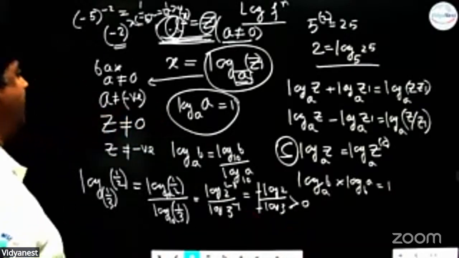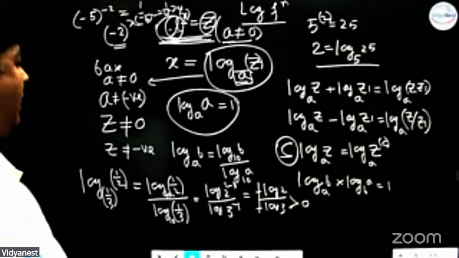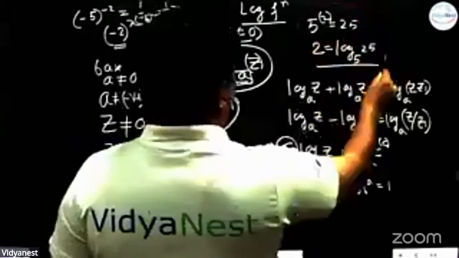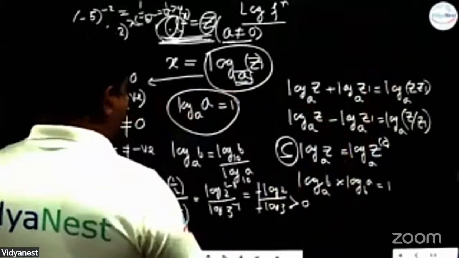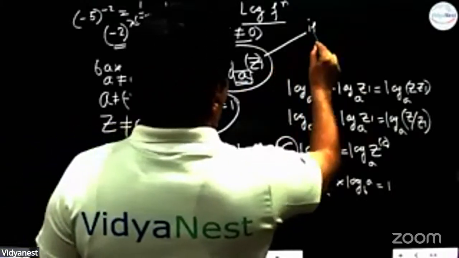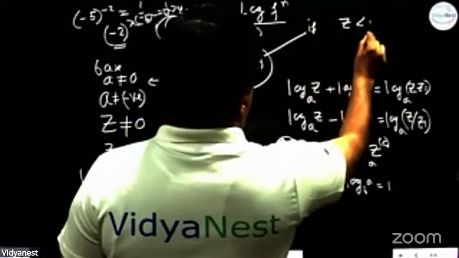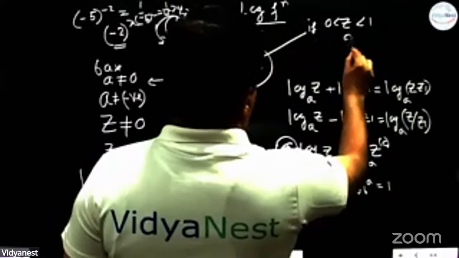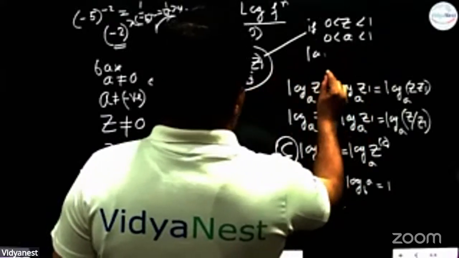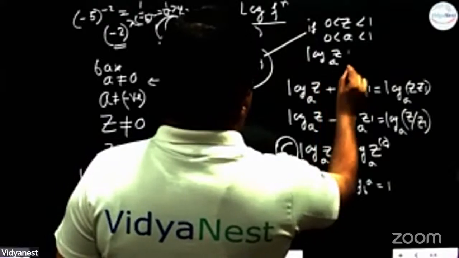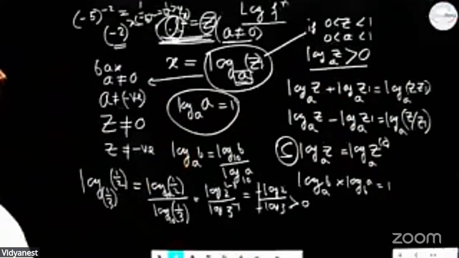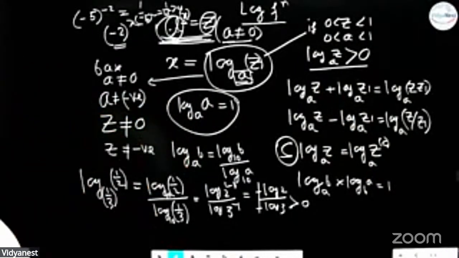So, from here, one conclusion I can draw. What conclusion? That in this z and a, if z is a proper fraction and a is also a proper fraction, then log z to the base a must be positive. Okay, it must be positive.